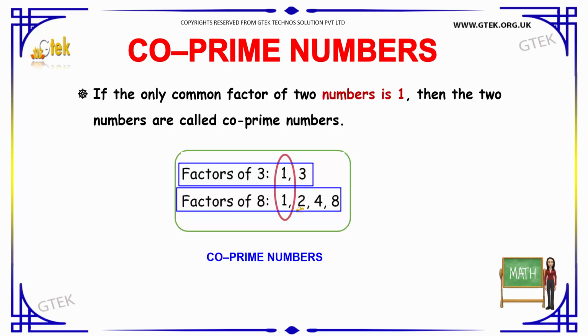That is, these numbers can be multiplied to produce the value of 8. That is what is meant by factors. In these factors, the only common one for 3 and 8 is 1. Hence, we can say that 3 and 8 are co-prime numbers, since they have only one common factor, which is 1.